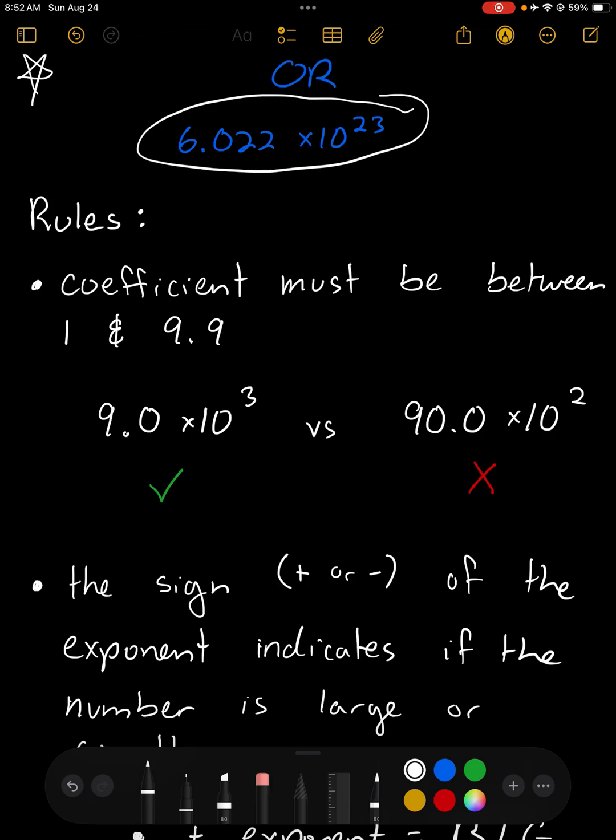First, if you're going to write something in proper scientific notation, the coefficient value, and that's this regular looking number in front, has to be somewhere between 1 and 9.9. It can't be 900 or 7,000 or whatever, because that's considered improper scientific notation.